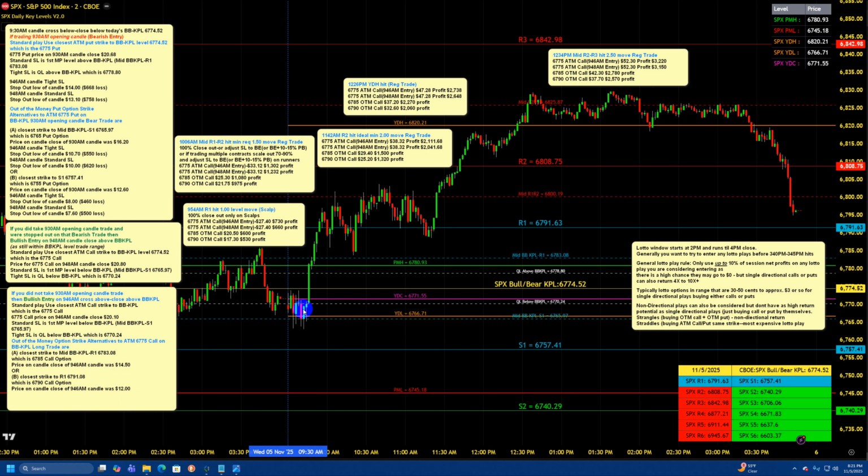Now, if you instead took this 9:30 opening candle trade, you use the standard stop loss, which is the one that we recommend that you use, and you got stopped out here, then your price on re-entering is going to be $20.80.